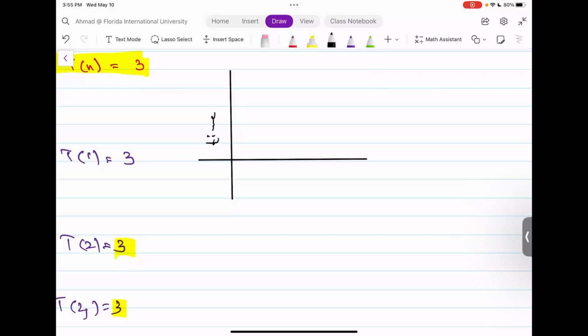And on the x-axis, we say this is the number of inputs, right? So my algorithm A was behaving like this, in exponential growth. This is my algorithm A. And my algorithm B was behaving like this, which is linear growth. Whereas my algorithm C was a constant.